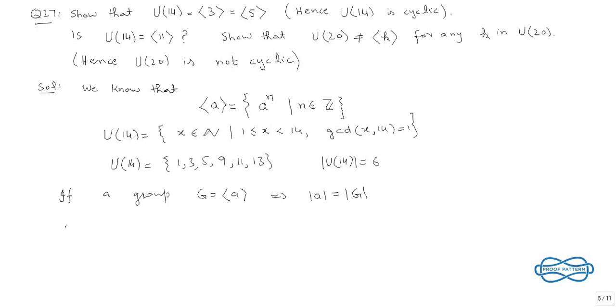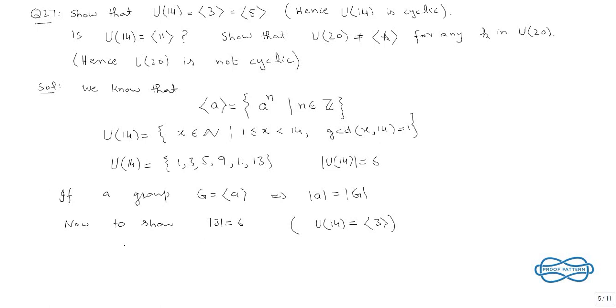Now we have to show that the order of 3 is equal to 6, because we want to show that the unitary group under multiplication modulo 14 is generated by 3 and the order of the unitary group is 6. So if we are able to show that the order of 3 is 6, then we are done.